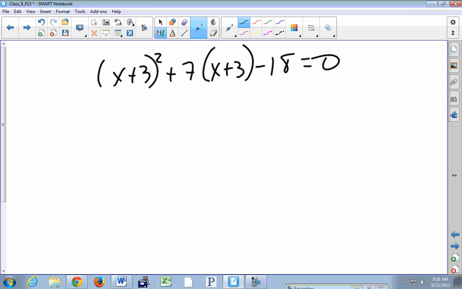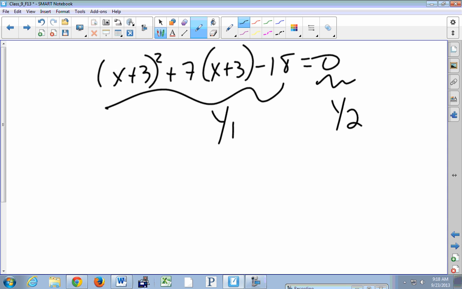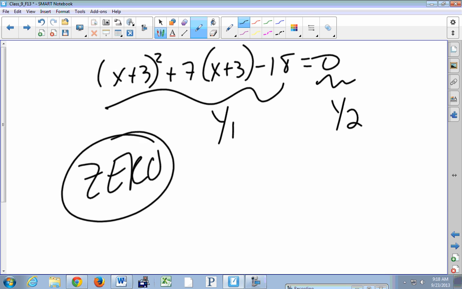So one of the things we can do is set this equal to y1, and ask for the 0 command, which is when does it cross, what value of x will make y equal to 0. You could also look on the table. You can do it graphically or numerically, okay?